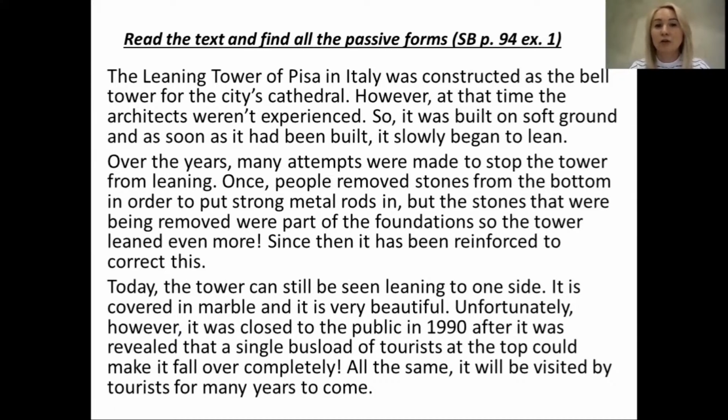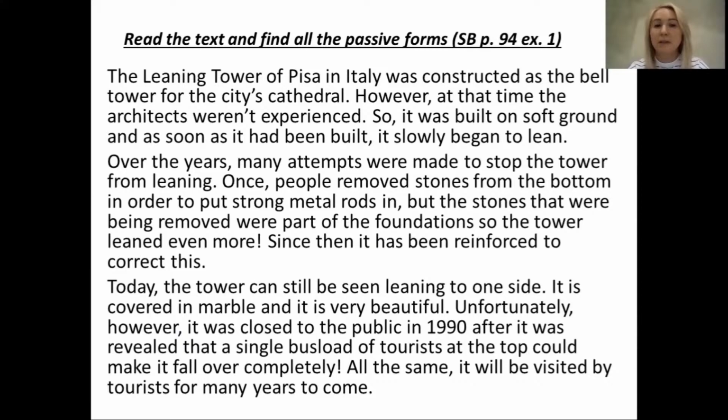The Leaning Tower of Pisa in Italy was constructed as the bell tower for the city's cathedral. However, at that time, the architects weren't experienced. So, it was built on soft ground, and as soon as it had been built, it slowly began to lean.